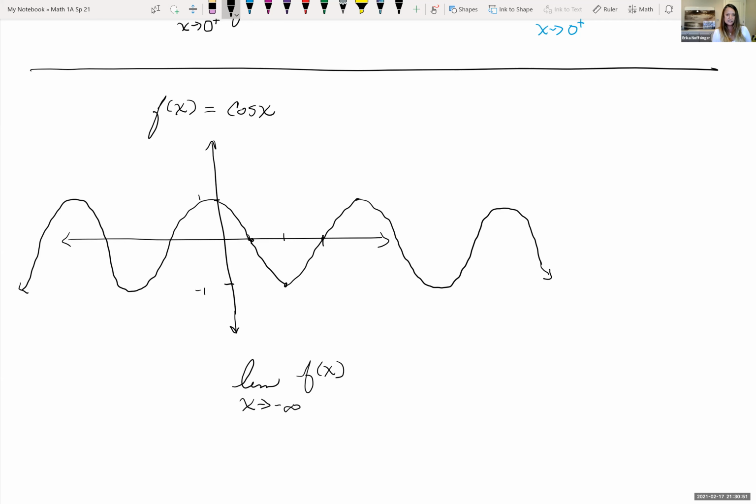This graph, and the same with sine of x, is a wave bouncing back and forth between y equals -1 and +1. There's no value it's approaching as it goes on forever. And so the limits of our trig functions cosine of x and sine of x do not exist.